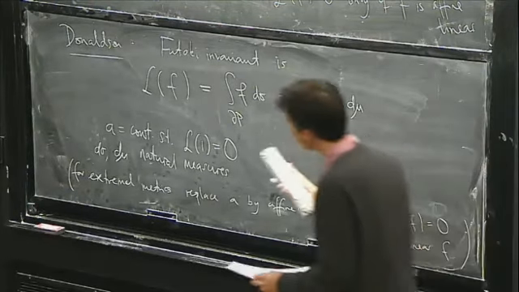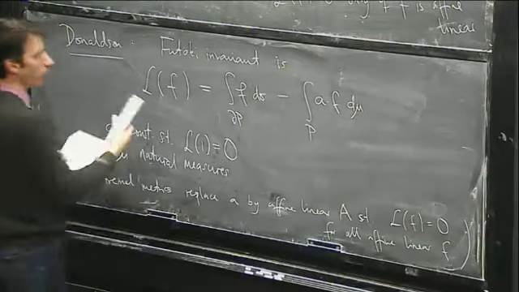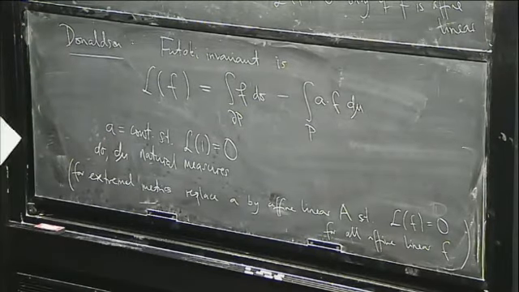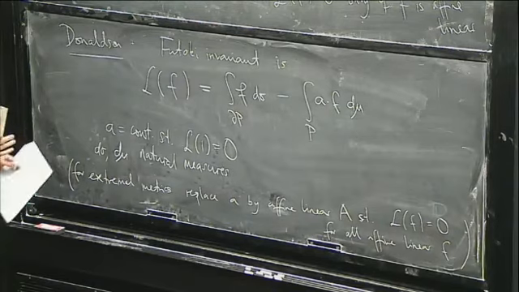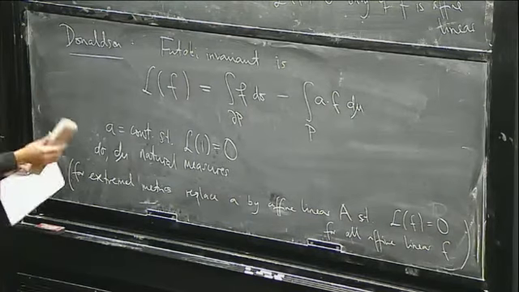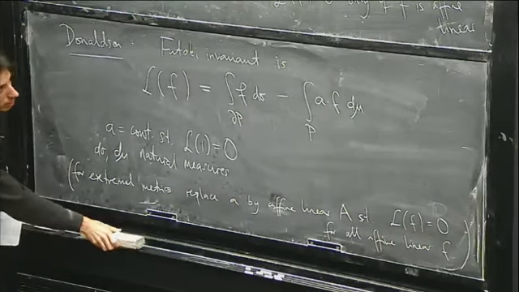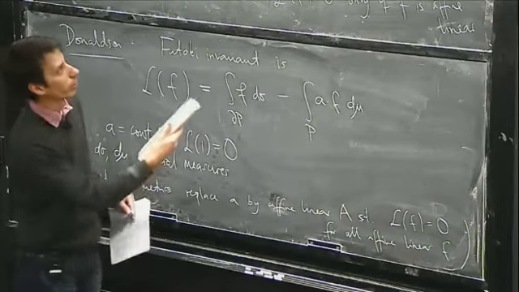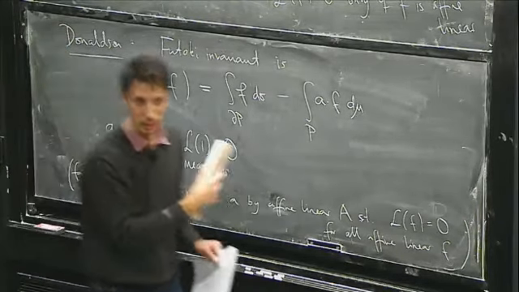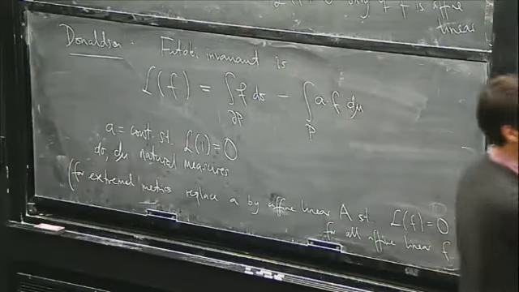These central fibers are pretty nice, with pretty mild singularities, but you could, in principle, have much worse things. And so part of the conjecture is that it's enough to check these nice test configurations.